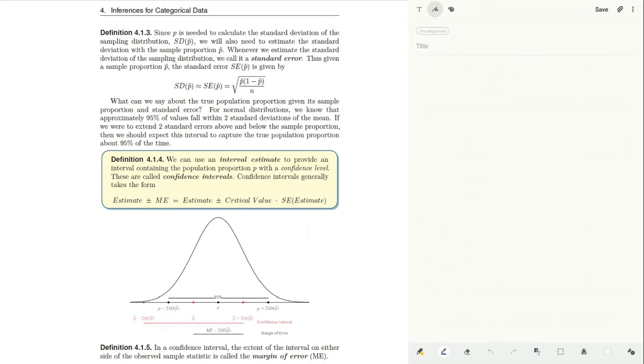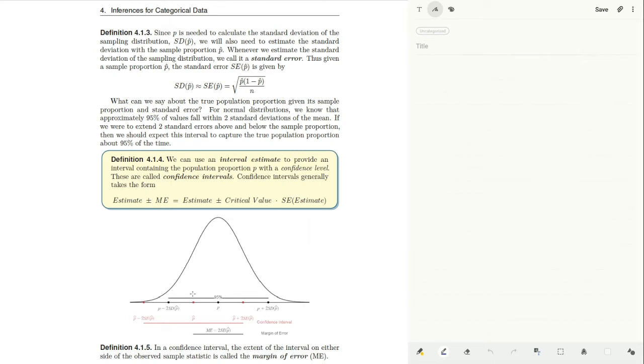So how can we use the sample proportion and the standard error? Well, we know that for normal distributions, about 95% of values will fall within two standard deviations of the mean. But since we don't know what p is, we will estimate it with p hat. And let's suppose it's this value over here. Now let's change our perspective.